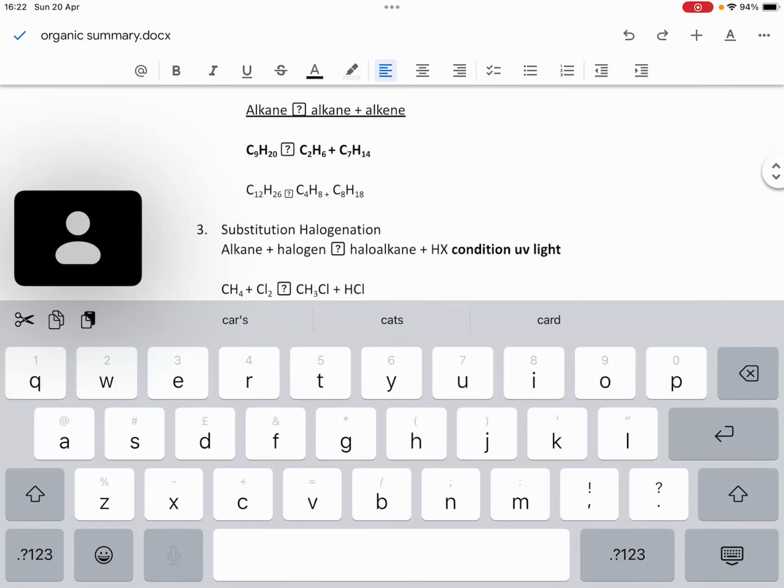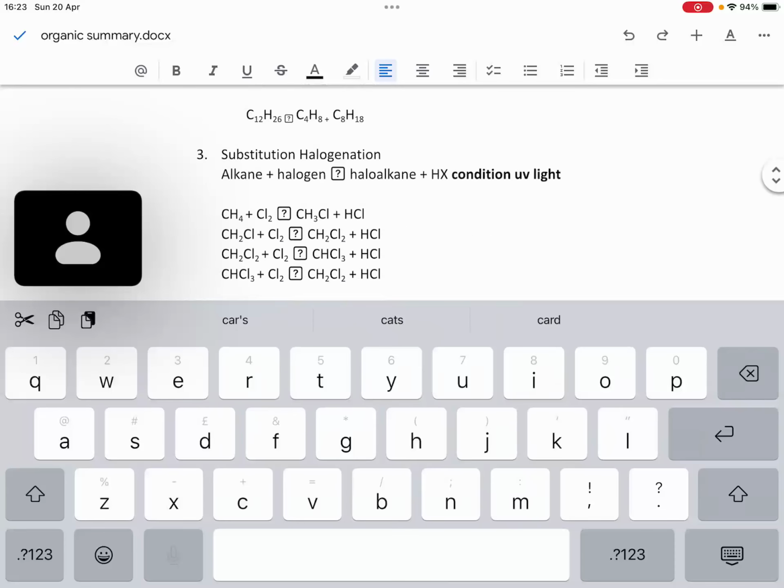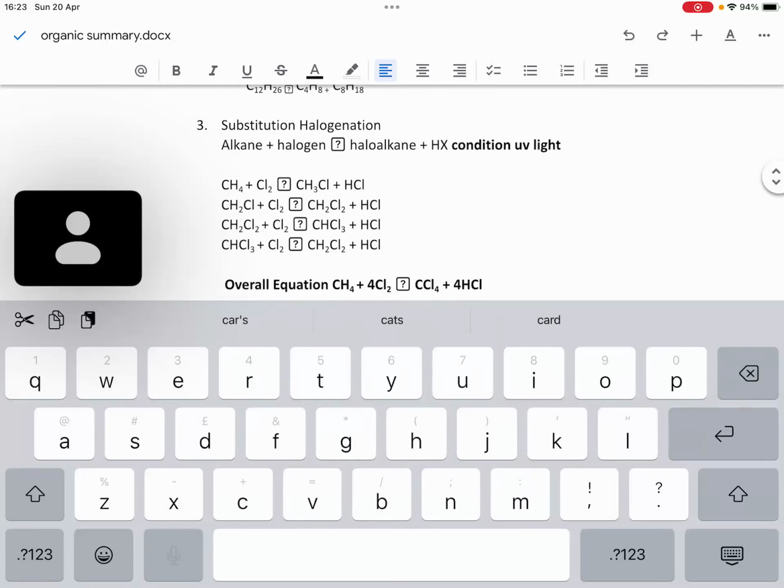So generally what you want to make sure is that your 2 products or 3 products that are formed add up to the number of carbon and hydrogen in your starting material.